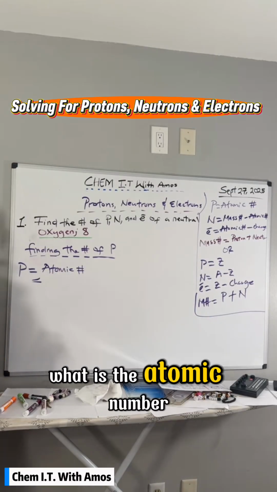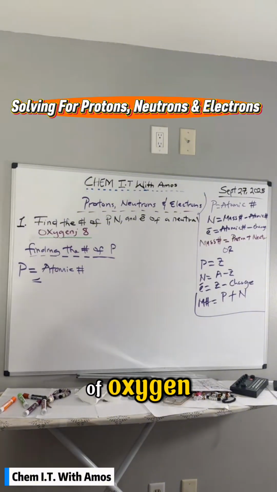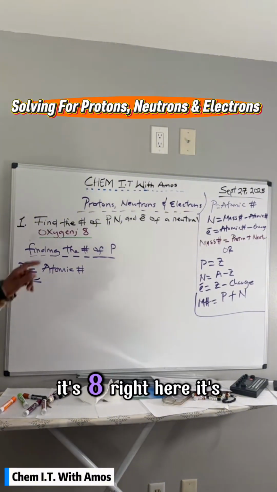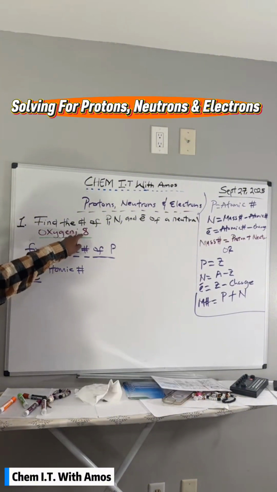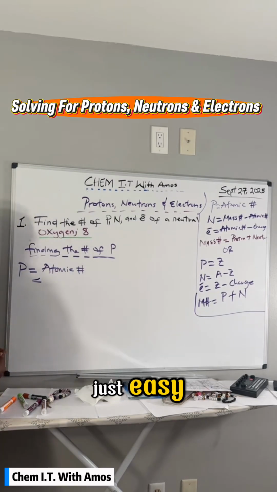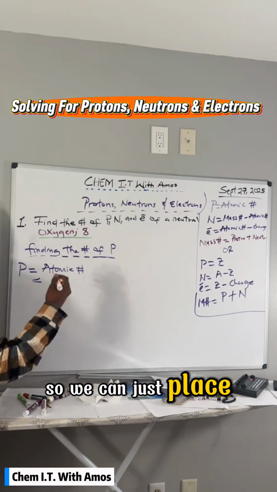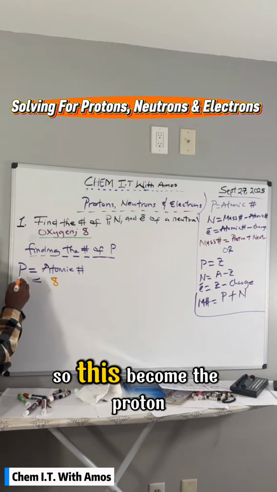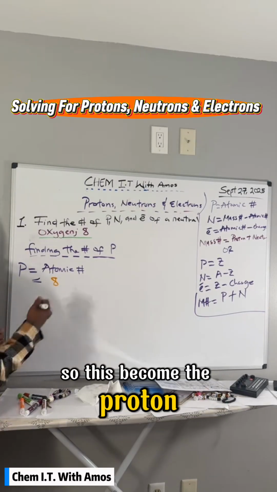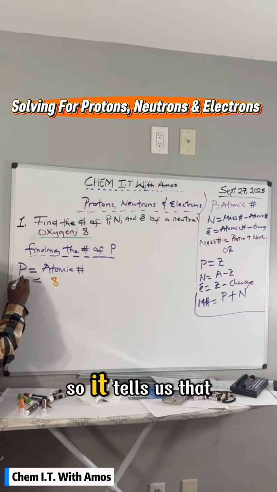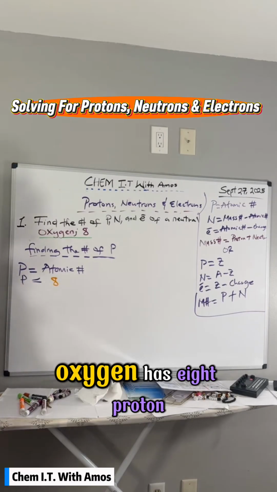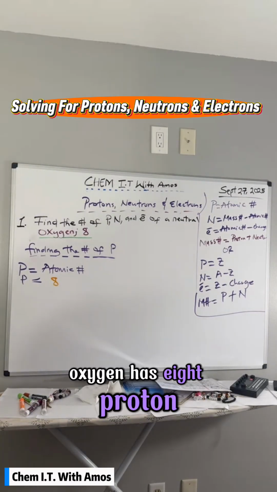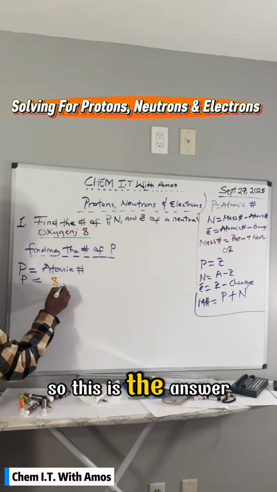What is the atomic number of oxygen? It's 8, right here. So to find proton is just easy. We can just place our 8 right here. So this becomes the proton of oxygen. So it tells us that oxygen has 8 protons. So this is the answer.